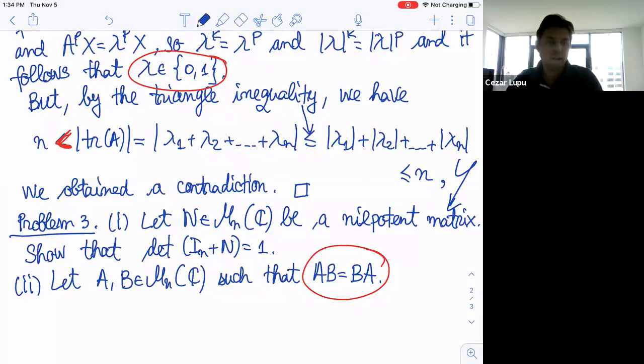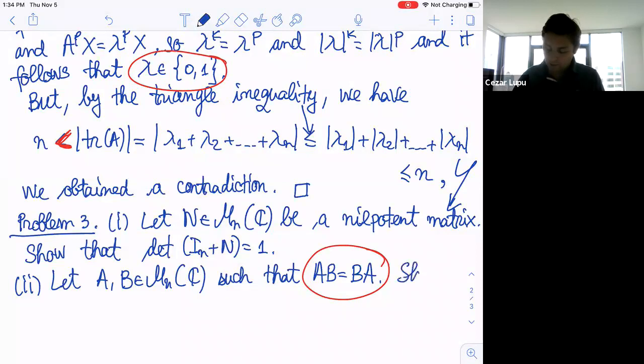So you can say that basically the characteristic polynomial of AB and BA is the same. But anyway, you can do even more. You can simultaneously triangularize both matrices A and B, which is very important. This is, I think, what we covered last time. Anyway, so I have two matrices such that they commute.